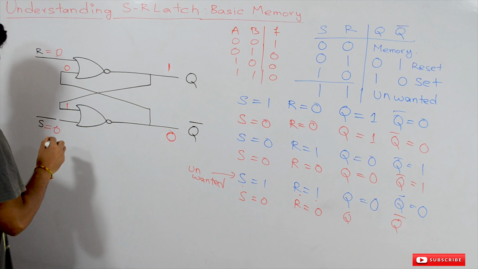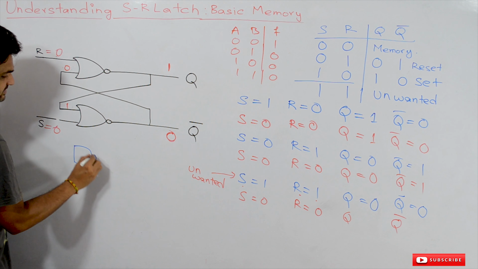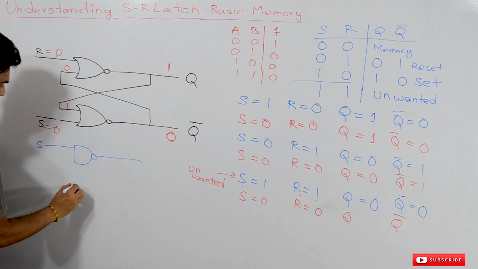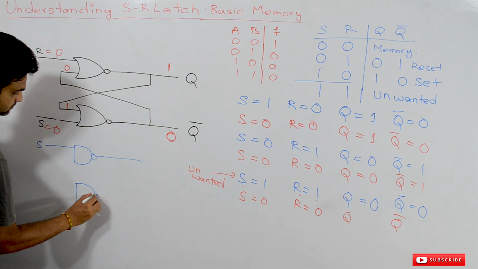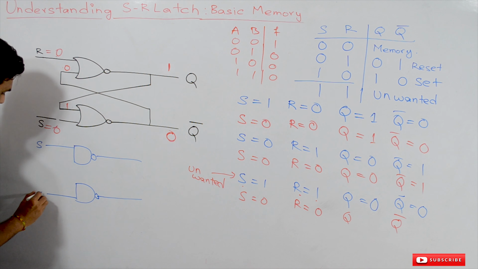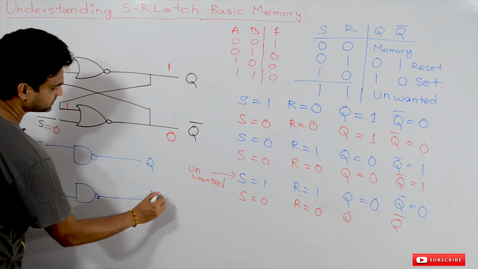How it can be constructed is, in the place of NOR gates, just take the NAND gates, and the inputs will change a bit. So here the S will come, this is R, this is Q, and this is Q bar.